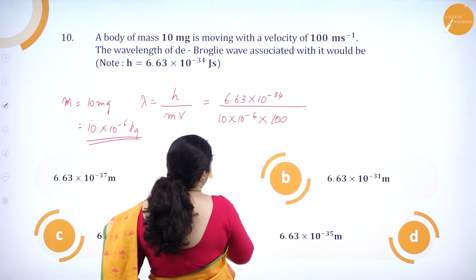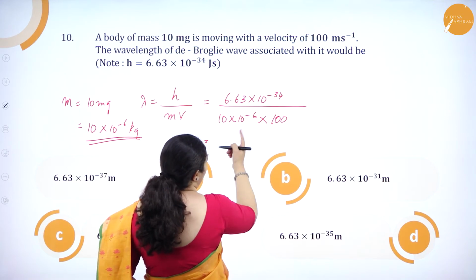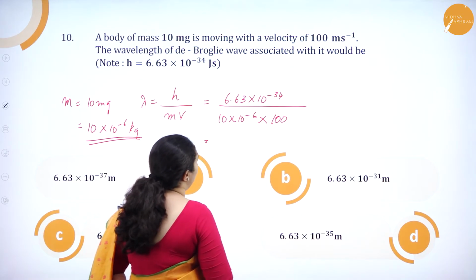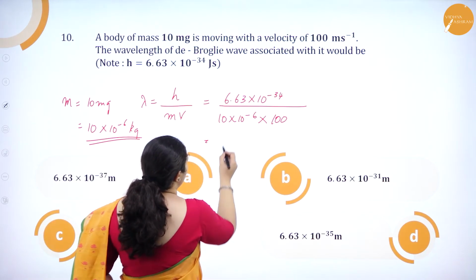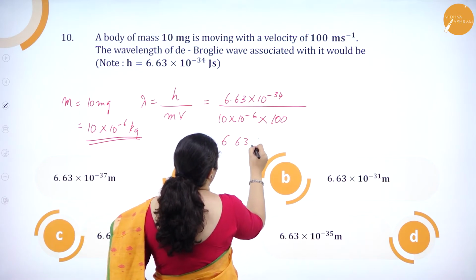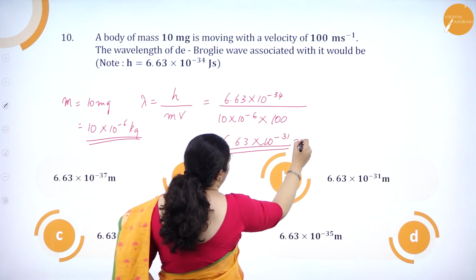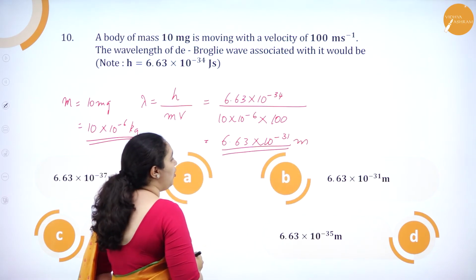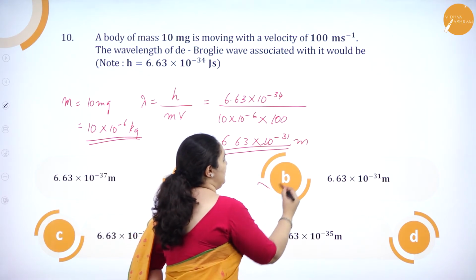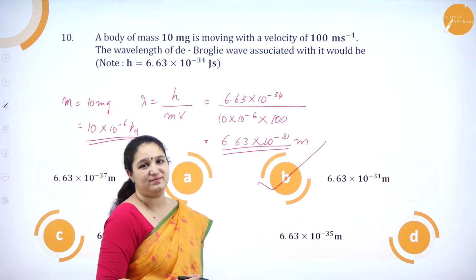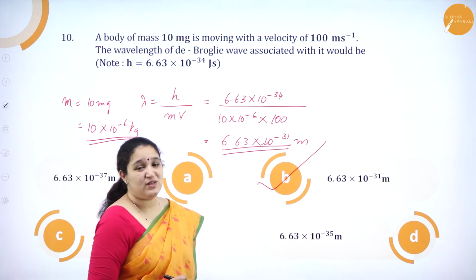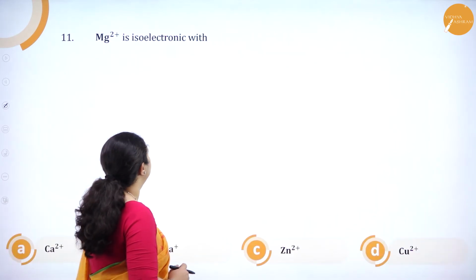If you solve this, 10 power 3 and 10 power minus 3, it becomes 6.63 into 10 to the power minus 31 meters. Okay, so option B is the right answer. I hope you have understood this. We'll go to the next question.